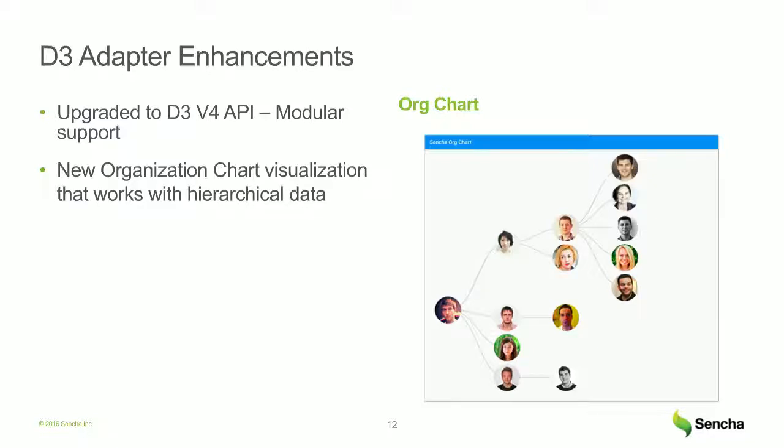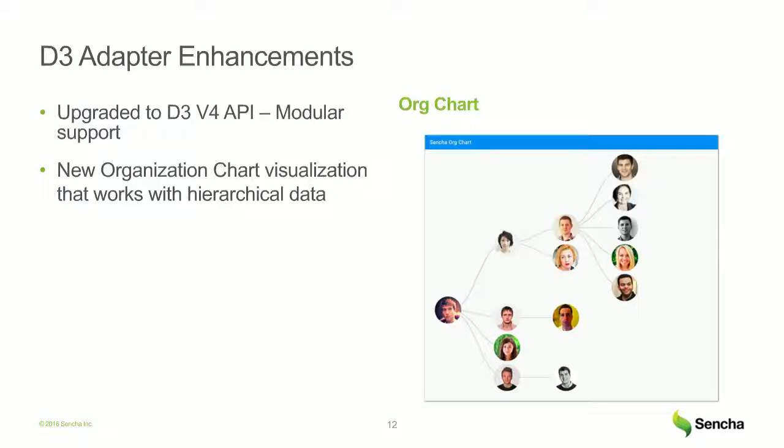We've also added a new built-in visualization for an organization chart, which, as you can see, is sort of a tree visualization, which shows basically an icon for each node in the tree. And that's easy to set up within the Ext JS app.